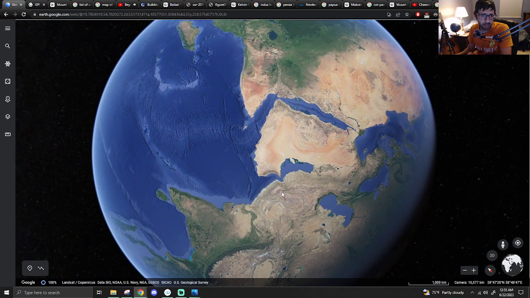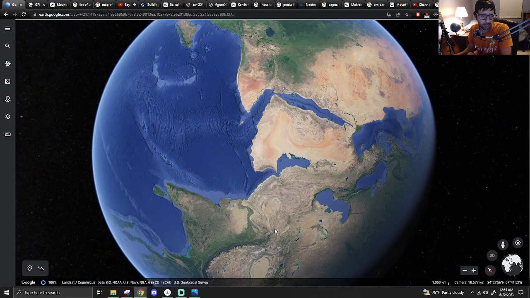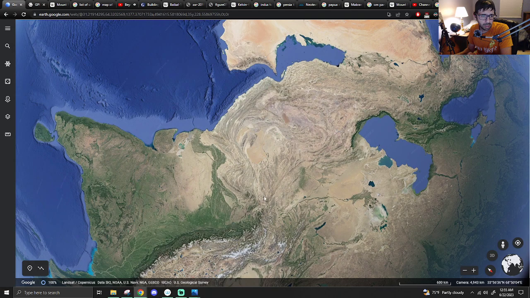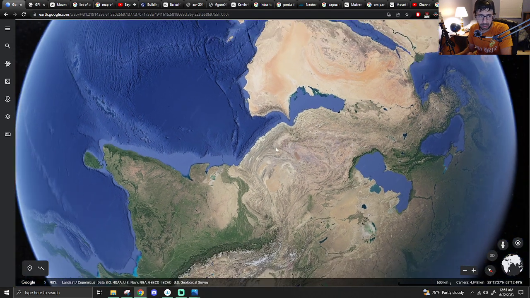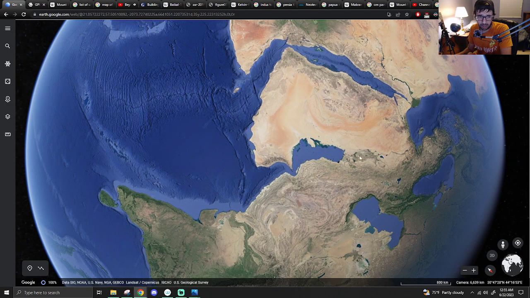It's not directly abutting it. It would have a pretty substantial separator region. Hard to say with the way this Arabian Peninsula looks.